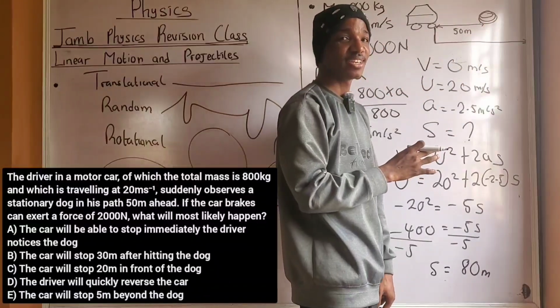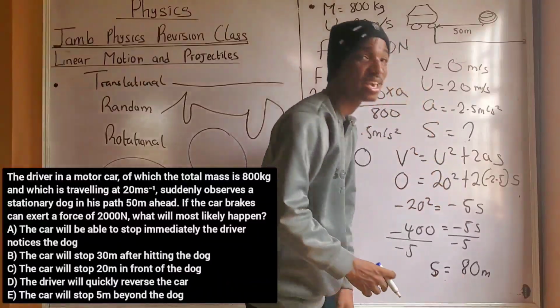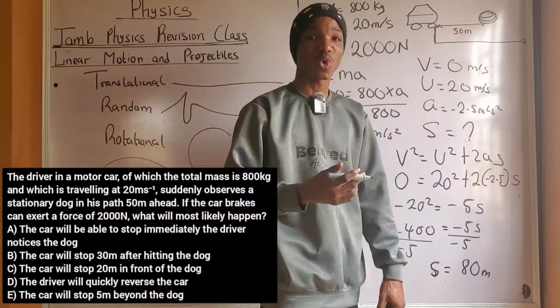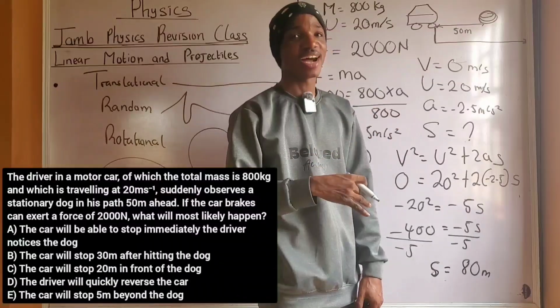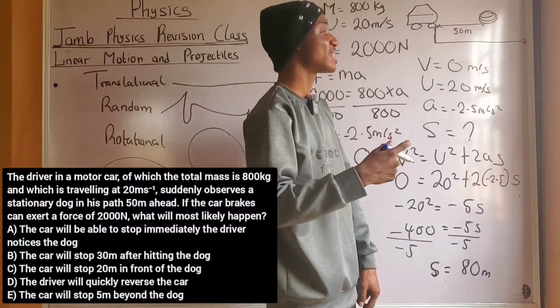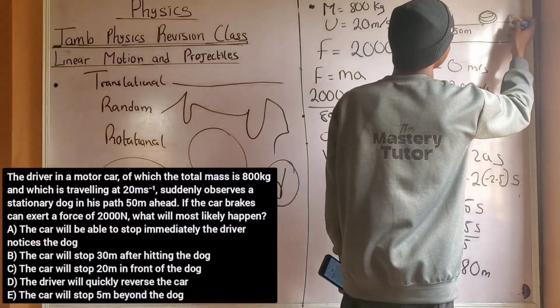Are you getting it? You can see S equals 80 meters here, and 80 meters is greater than 50 meters. That means the car did not stop until it hit the dog. And after hitting the dog, it also covered a distance. That distance is 80 meters minus 50 meters. That is what? 30 meters. I hope you understand the analysis.